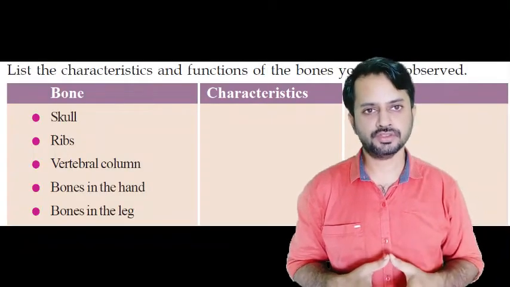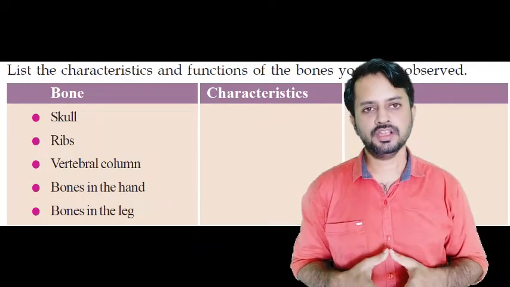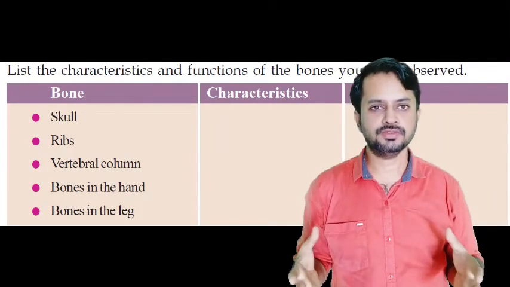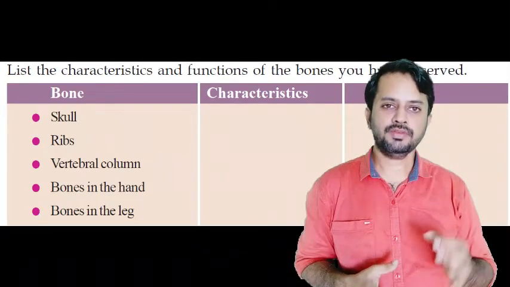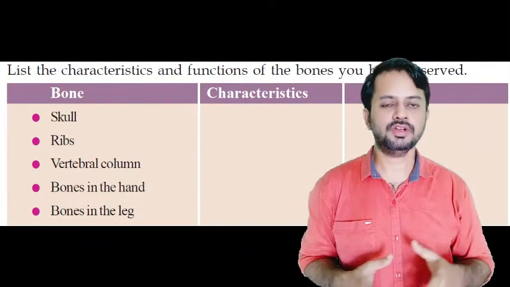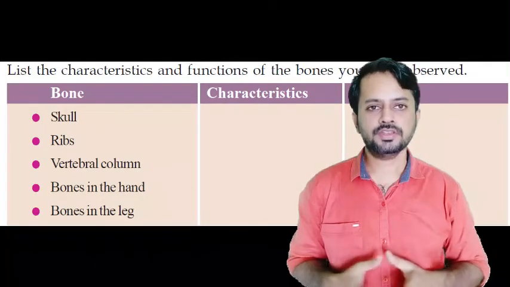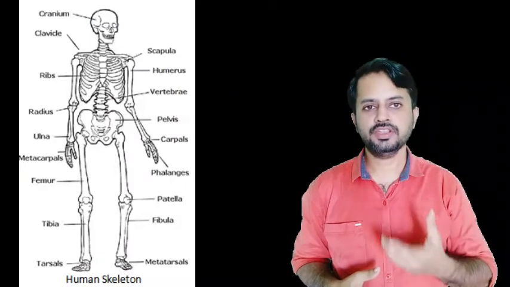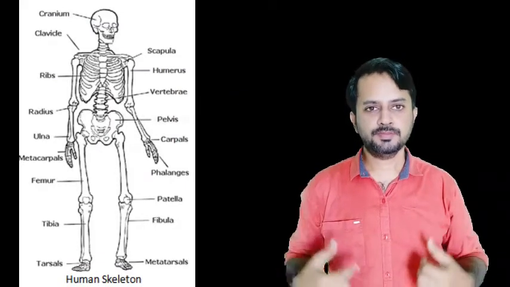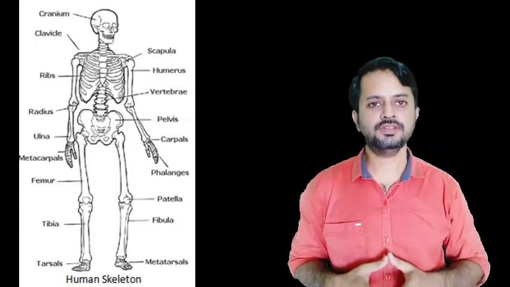You have to complete the table by writing the characteristics and uses of these types of bones. There's a table given. As I said, I have mentioned some of the uses. So by finding the uses of these bones, you have to complete the table. The skull protects the brain. Jawbone is movable in the skull. Vertebral column helps us to stay straight.